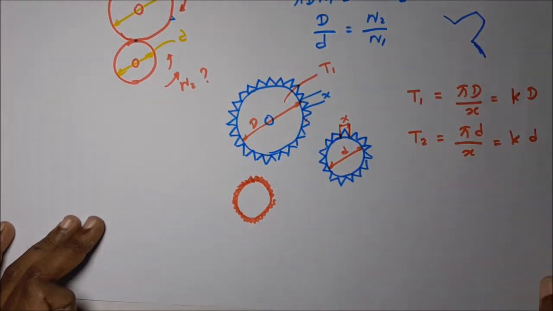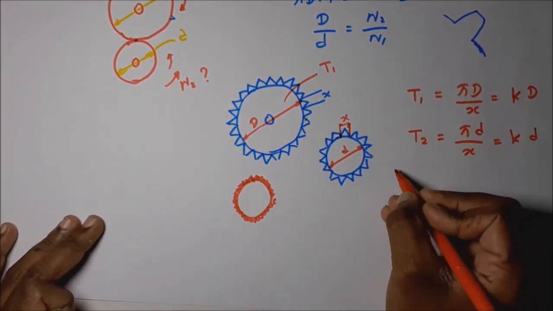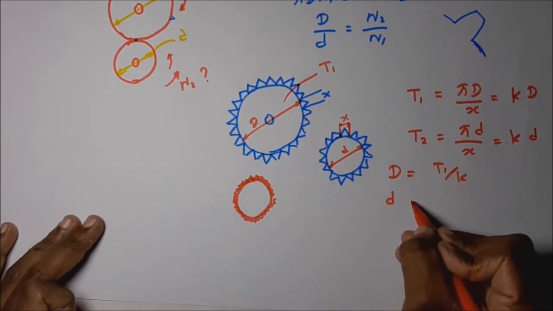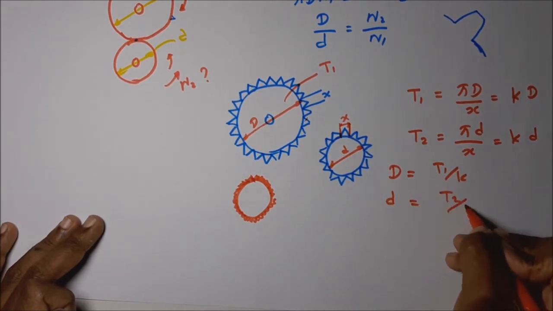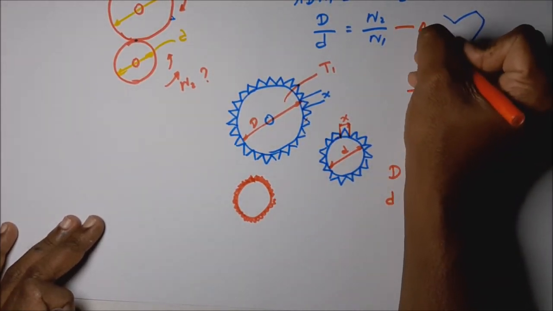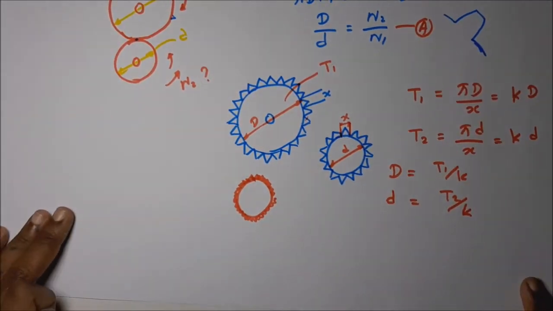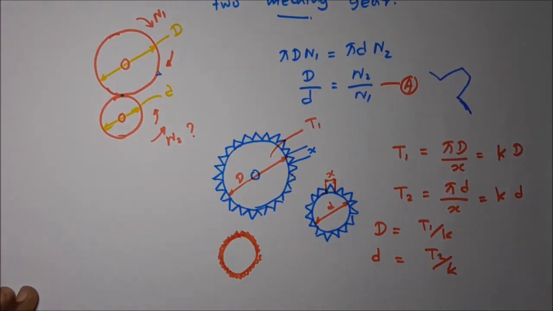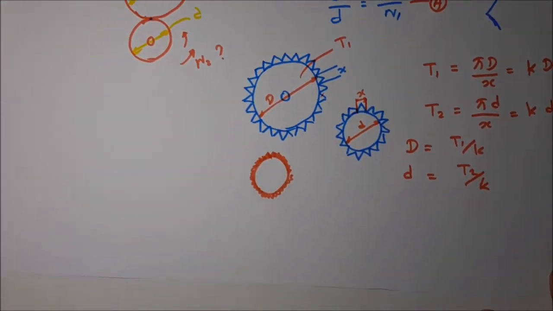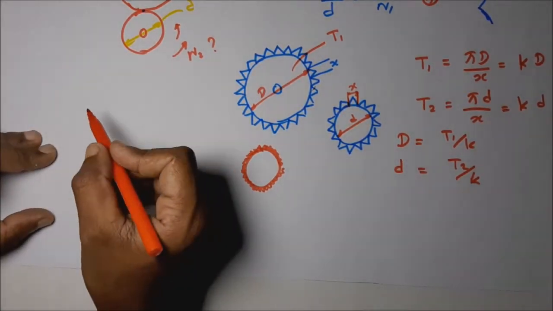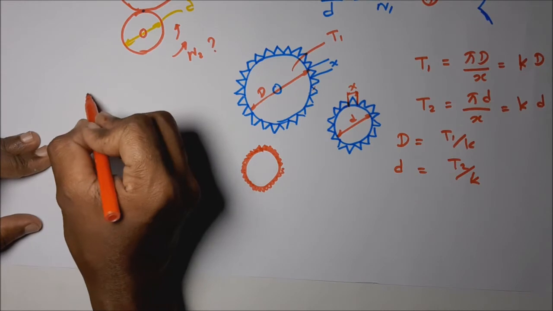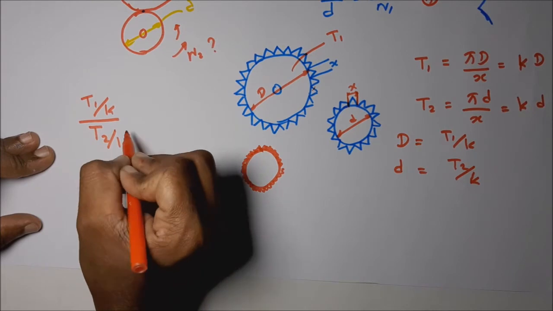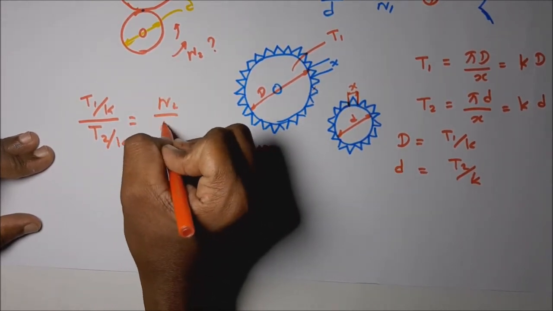Then you can substitute D is equal to T1 divided by K, and simple D is equal to T2 divided by K. So I am going to substitute these two found values in this equation A. Then T1 divided by K, T2 divided by K is equal to N2 divided by N1.